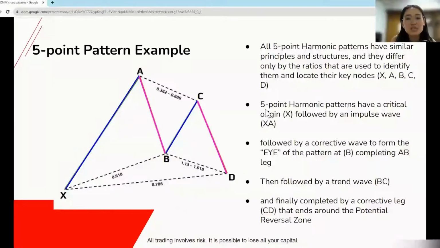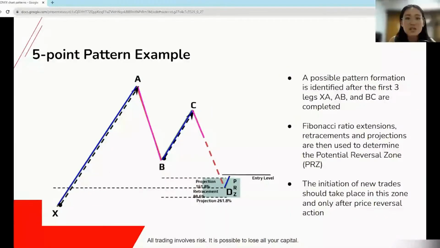Finally, it's completed at the corrective leg, CD, and we call this the potential reversal zone. We call it that because we're expecting price to break out of this neckline area in order to give us downside confirmation. Even though it looks a little more complicated, it's basically about the same as we talked about earlier.